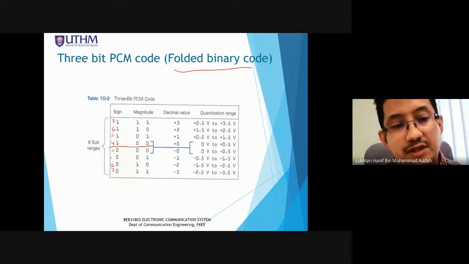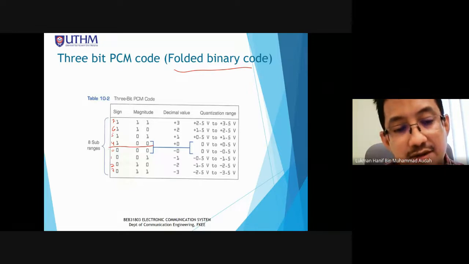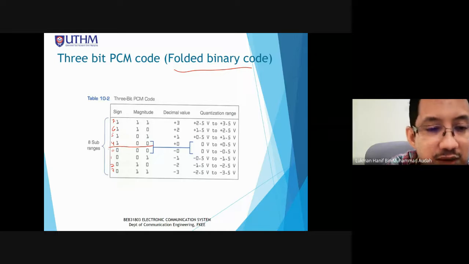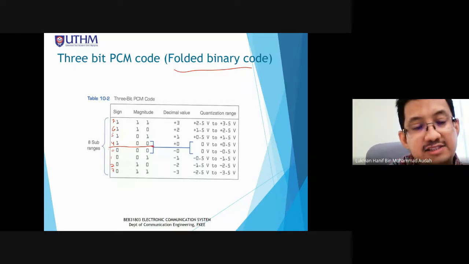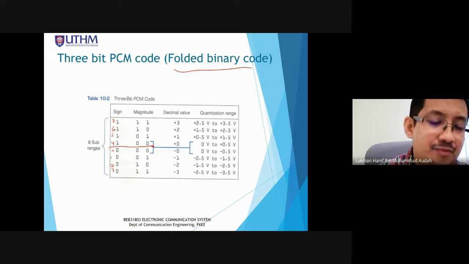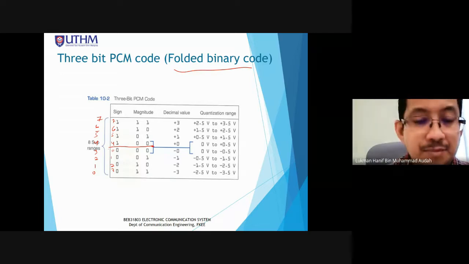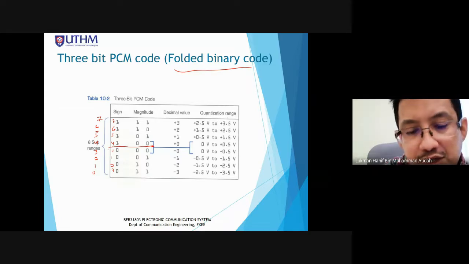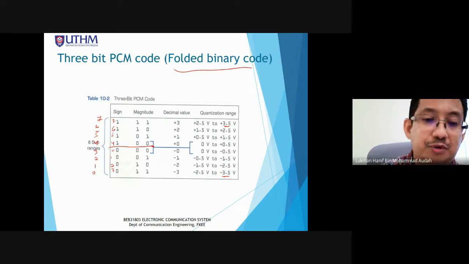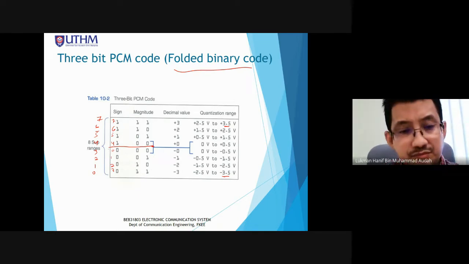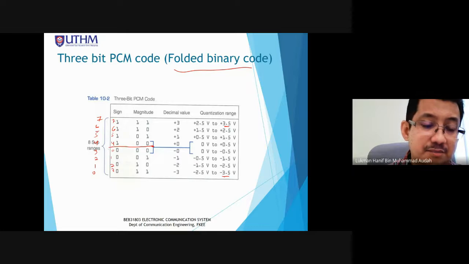So the code number actually in this slide, dia menunjukkan kaedah yang sedikit berbeza. Yang mana di tengah-tengah ini adalah sebenarnya paksi X ataupun 0 volt. Boleh juga kalau kita assign seperti tadi, 0, 1, 2, 3, 4, 5, 6, 7. Boleh juga. Okay. Dan ini dia punya range daripada 3.5 sehingga minus 3.5. Okay. Ini kaedah assigning yang berbeza sedikit lah.